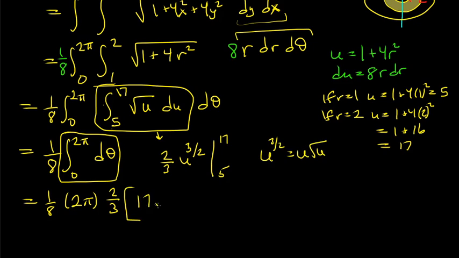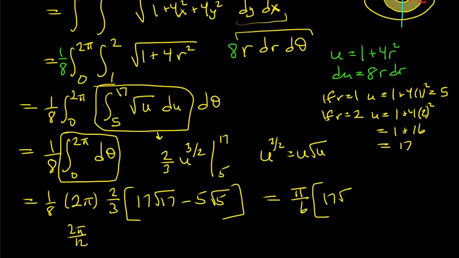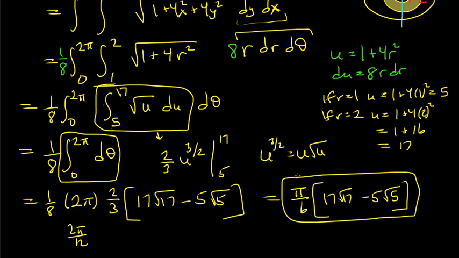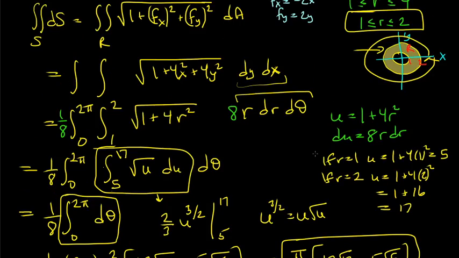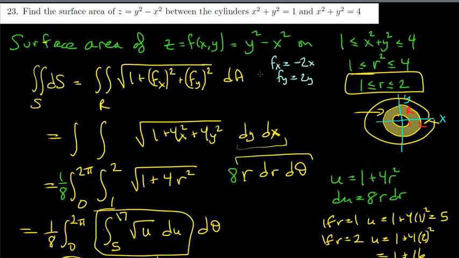So this will be 17 root 17 minus 5 root 5. 1 over 8 times 2 over 3 is just 1 over 12, so with the 2 pi this will be 2 pi over 12, which is pi over 6 times 17 root 17 minus 5 root 5, whatever that is. So that's the exact answer. You can always approximate it if you want, but that's the exact surface area of this surface.